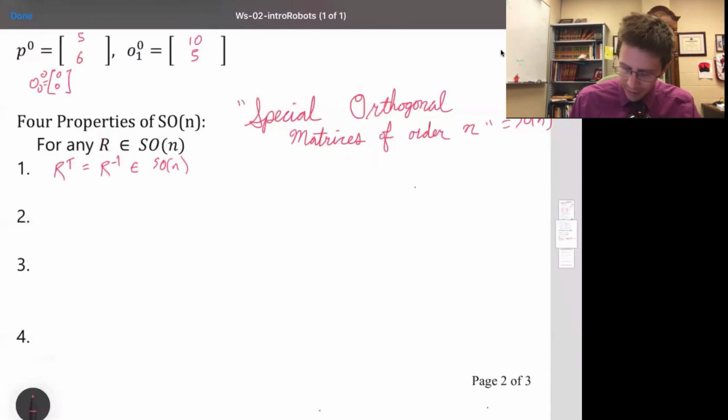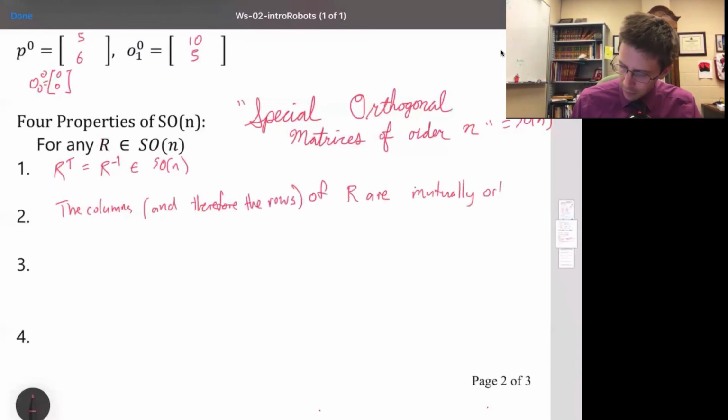Next, the columns, and therefore the rows, of R are mutually orthogonal. Next, each column, and therefore each row of R, is a unit vector.